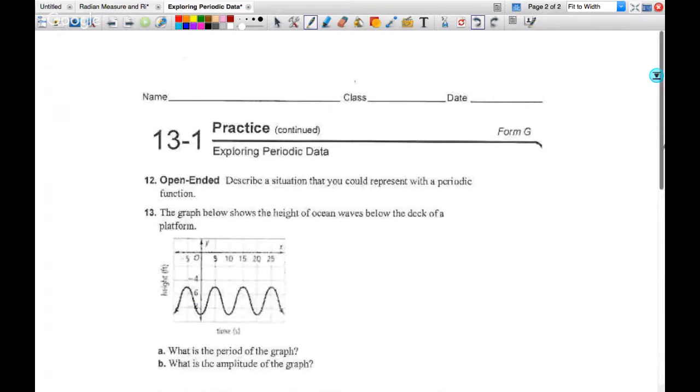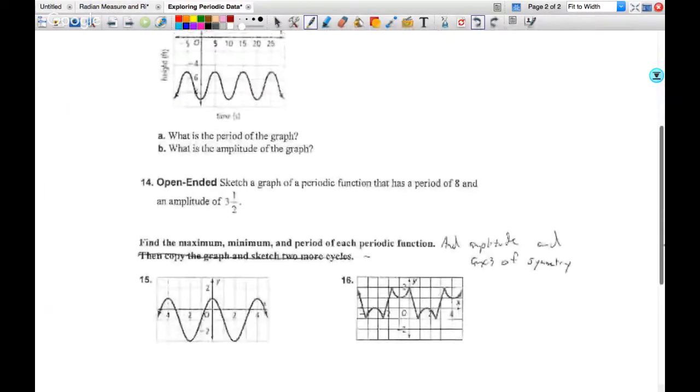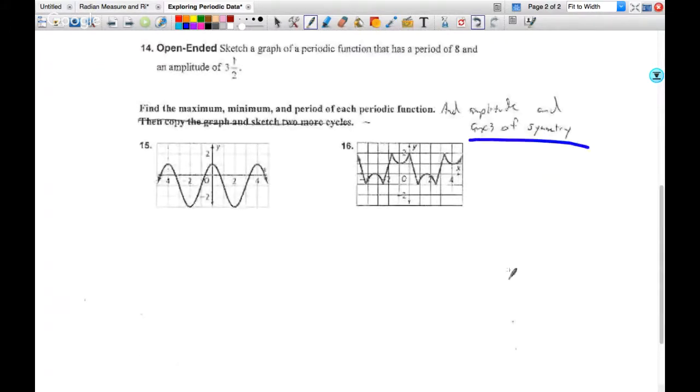Let's look at a few more of these. Period, amplitude. Okay, axis of symmetry. Axis of symmetry, that's got a slightly different formula from amplitude. Axis of symmetry, that's going to be max plus the min divided by 2.